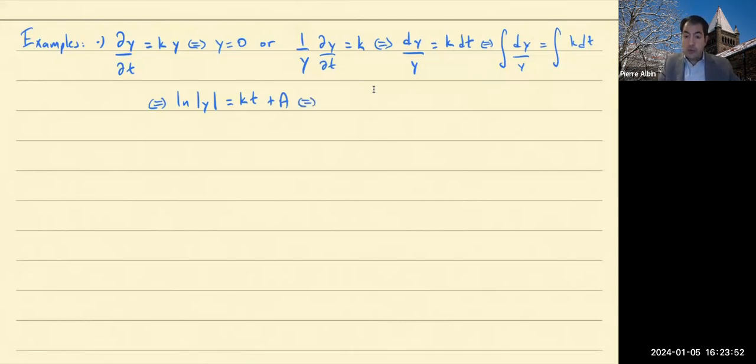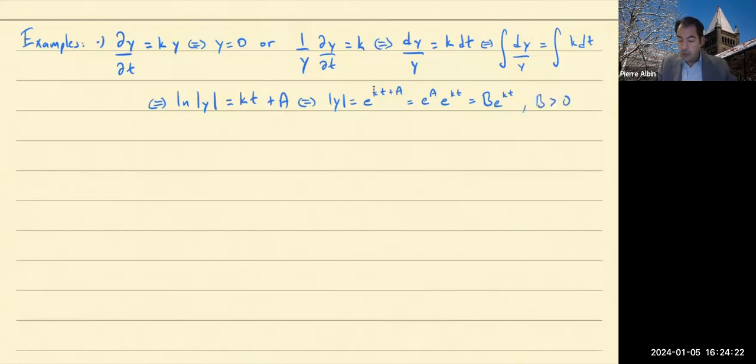I can exponentiate both sides. And so we get that the absolute value of y is equal to e to the kt plus a, which is the same as e to the a times e to the kt. And then I'm just going to denote e to the a as b. a is some arbitrary constant, so e to the a is also a constant. It's not quite arbitrary, of course, because if you exponentiate something, you always get a positive number.